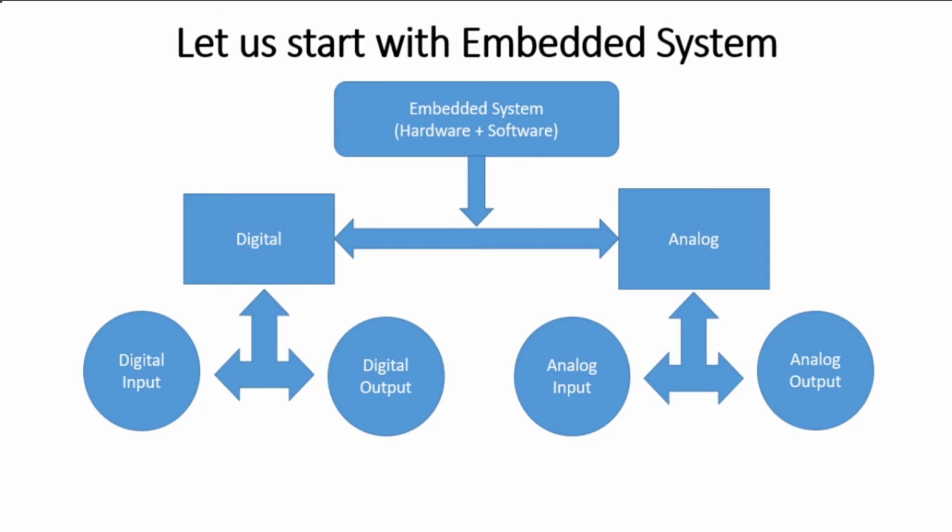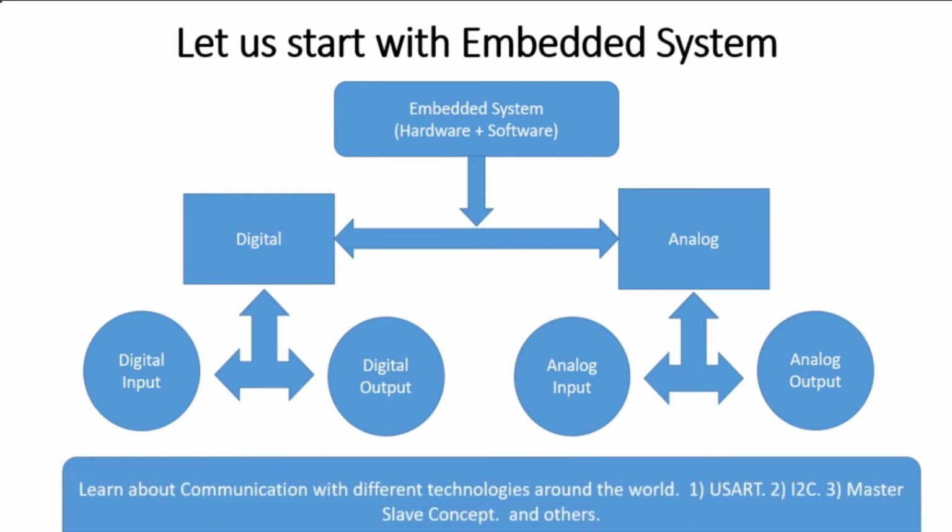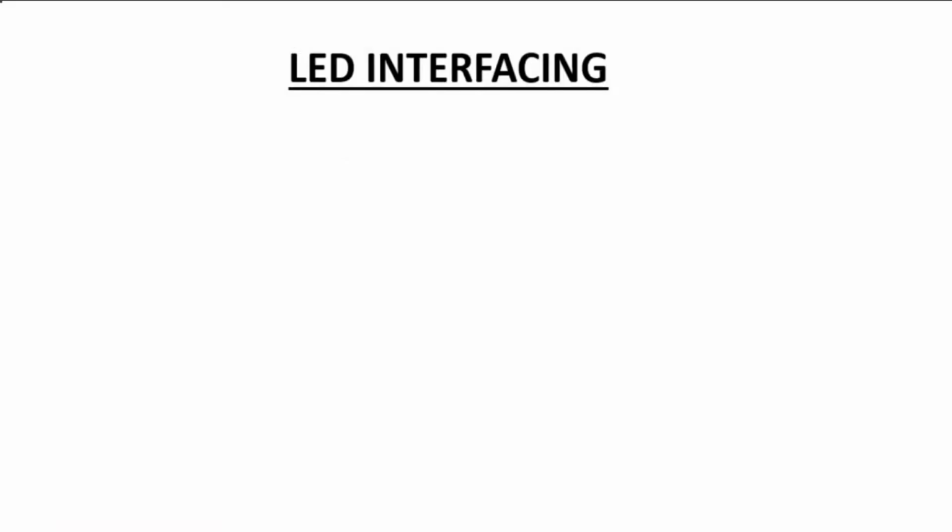After completion of digital and analog systems, we will move further into the communication part, where we learn about communication with different technologies around the world like UART, I2C, master slave concepts and other technologies. Okay, let us start with LED interfacing.